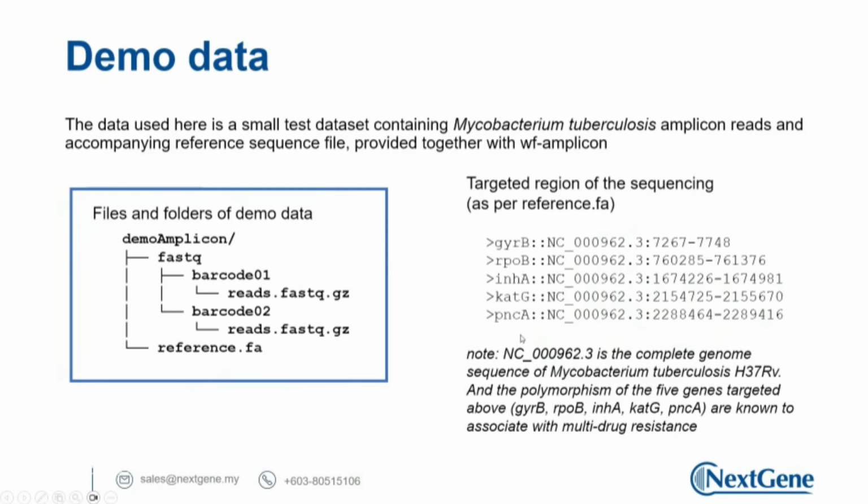All these genes are known to be associated with multi-drug resistance. So in this experiment, I try to amplify the genes of the Mycobacterium and see whether any variants are found in the genes, and whether they can help to explain if there's any multi-drug resistance in the Mycobacterium for these particular samples. So this is how my demo data looks.